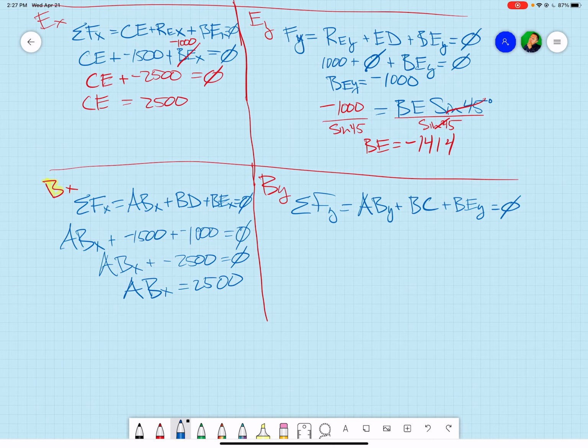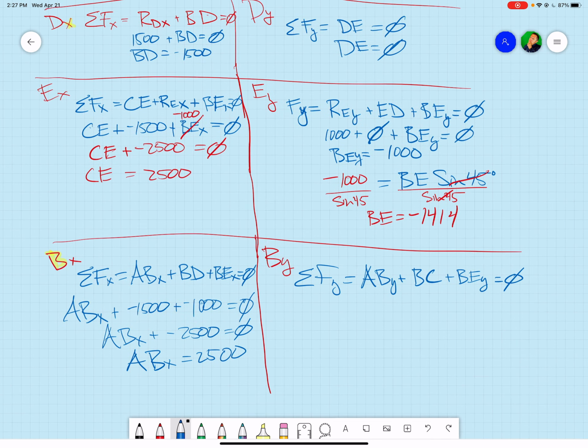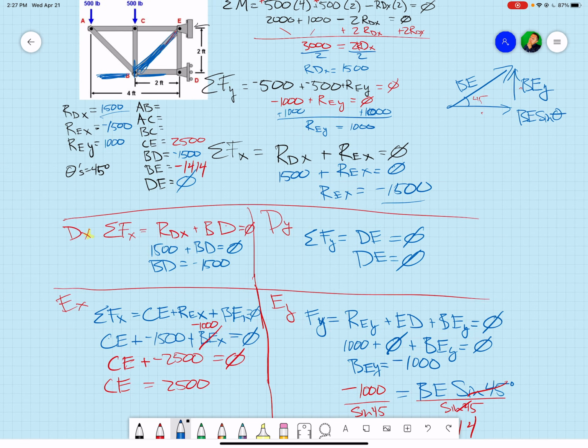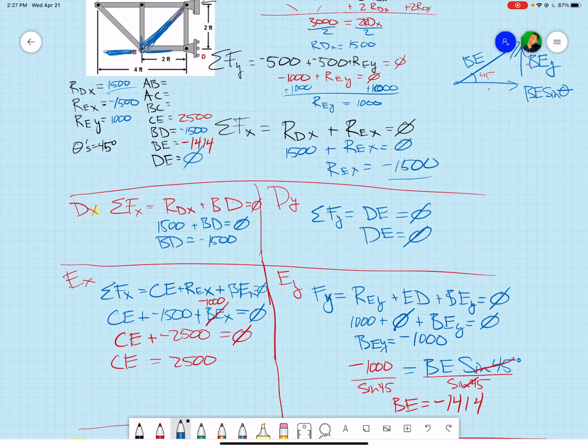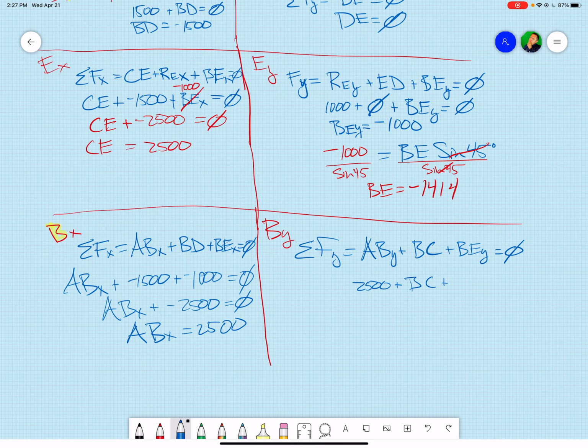Let's take a step back, do the next one. So we got ABY. Well, if we just got ABX, and again, we got a special right triangle, 45, 45, 90, we can put the ABY as 2,500 as well. BC, do we know that one yet? We do not. So that's still BC. And BEY is going to be negative 1,000.